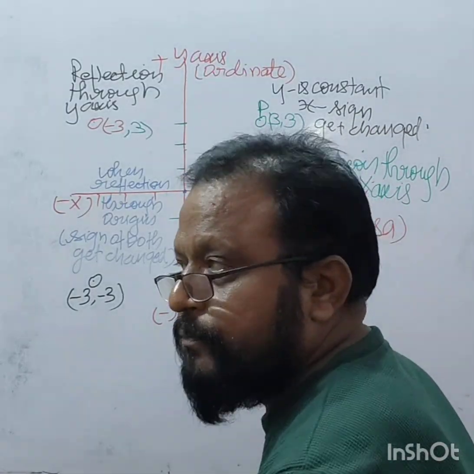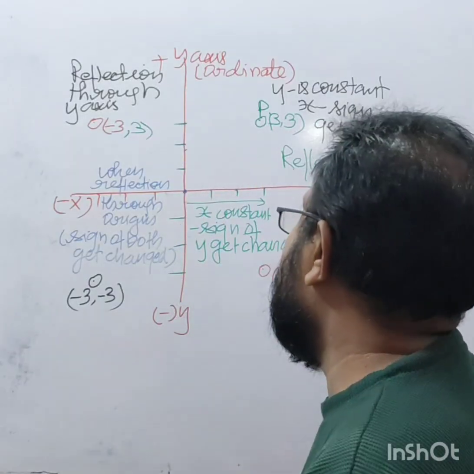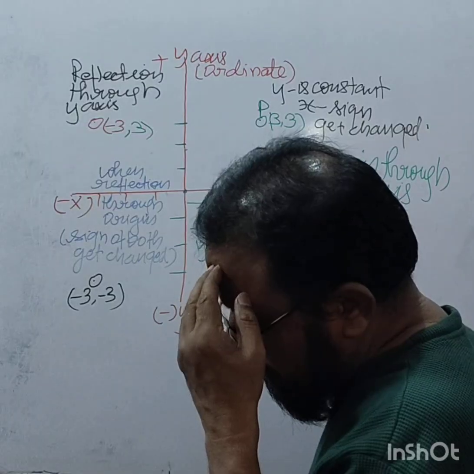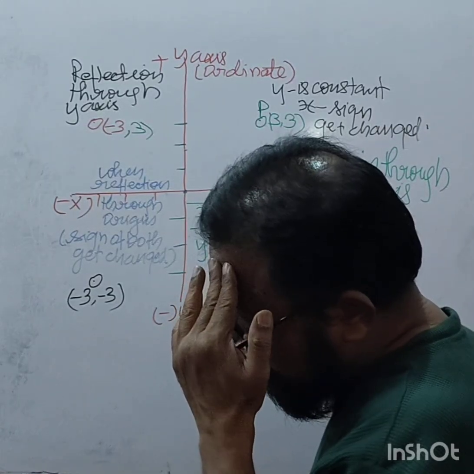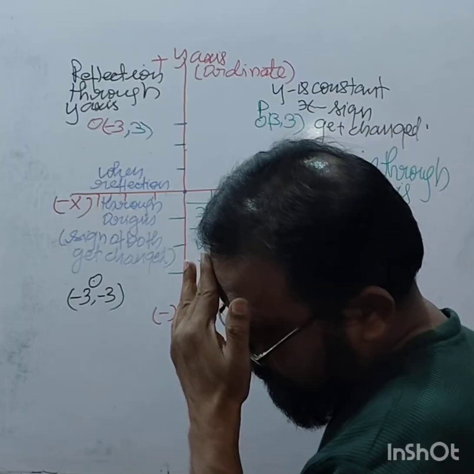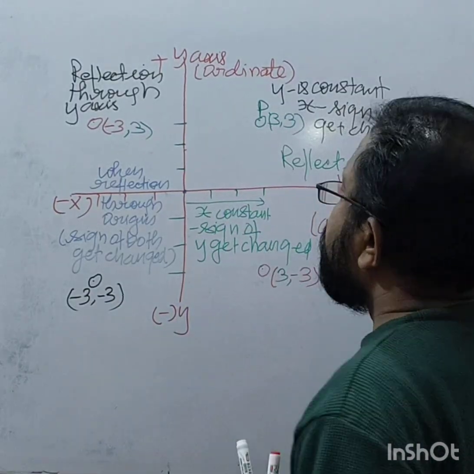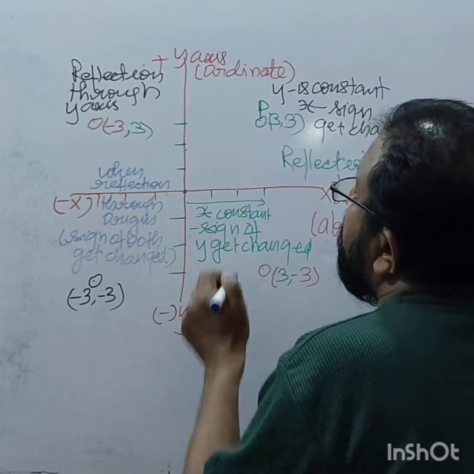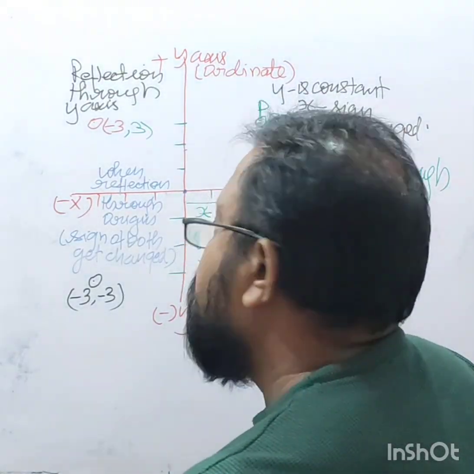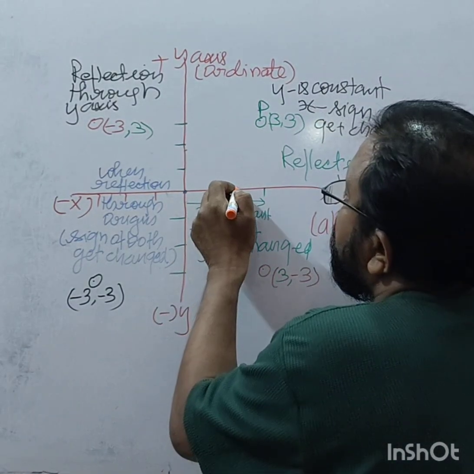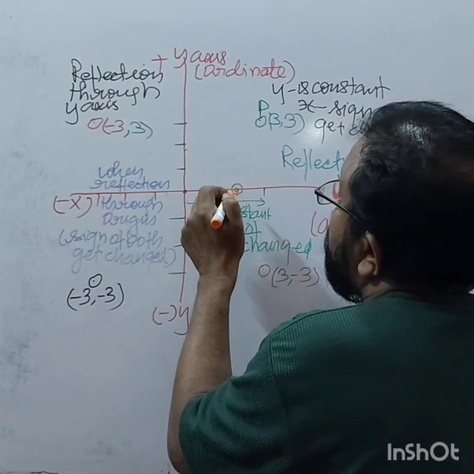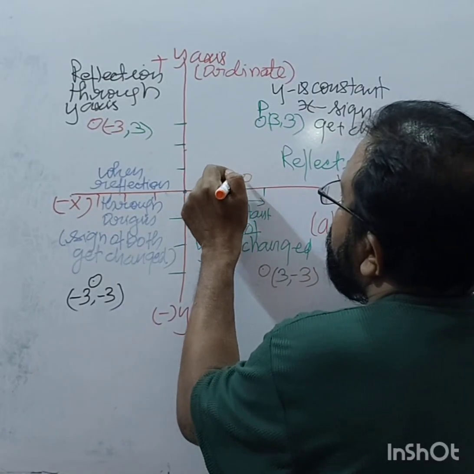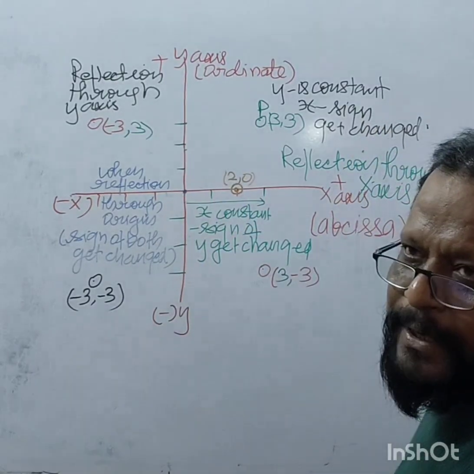And if a point lies on a coordinate axis, suppose it is here, this is 2 comma 0, right?